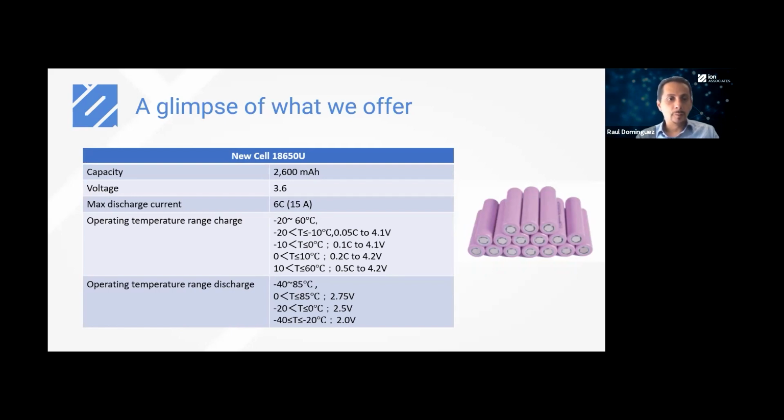And on the operating temperature, you can see that it's from -40 to 85. Remember that temperature affects the capacity. So at -40, we won't see the 2600 milliamp hour. We will see less, but you can do it. You will have a device working. Right now, it's very difficult to find this kind of batteries, so we can have them.